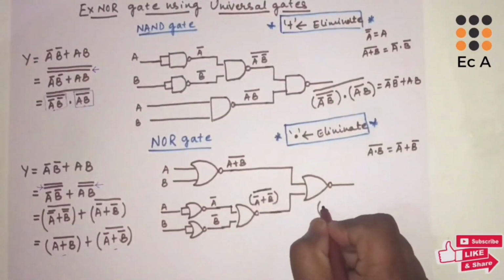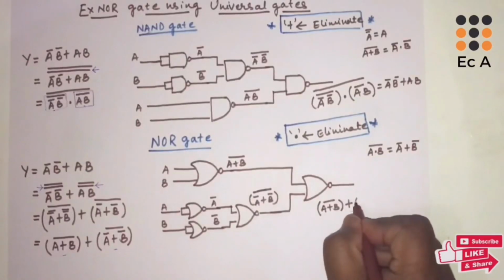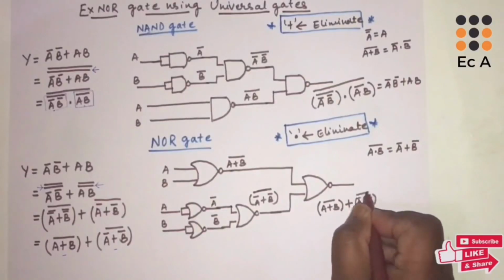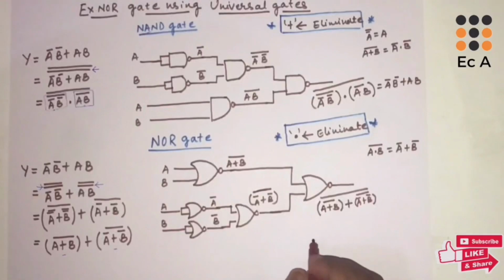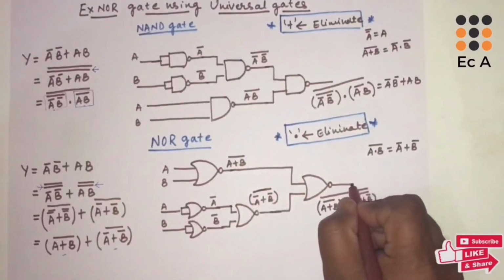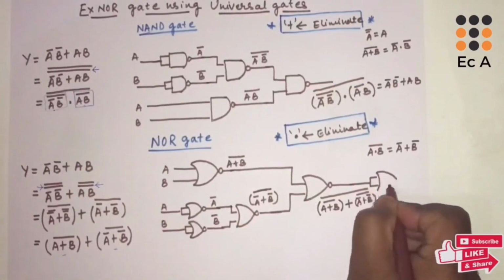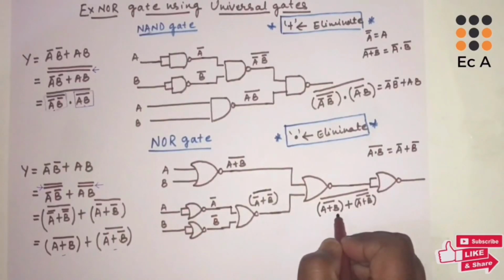Let us write the first term, (A plus B) whole bar, plus the second term, (A bar plus B bar) whole bar, and whole bar due to this NOR operation. You can see this expression is the complement of the expression which we have derived. To get the complement, we need to connect a NOT gate at the output.